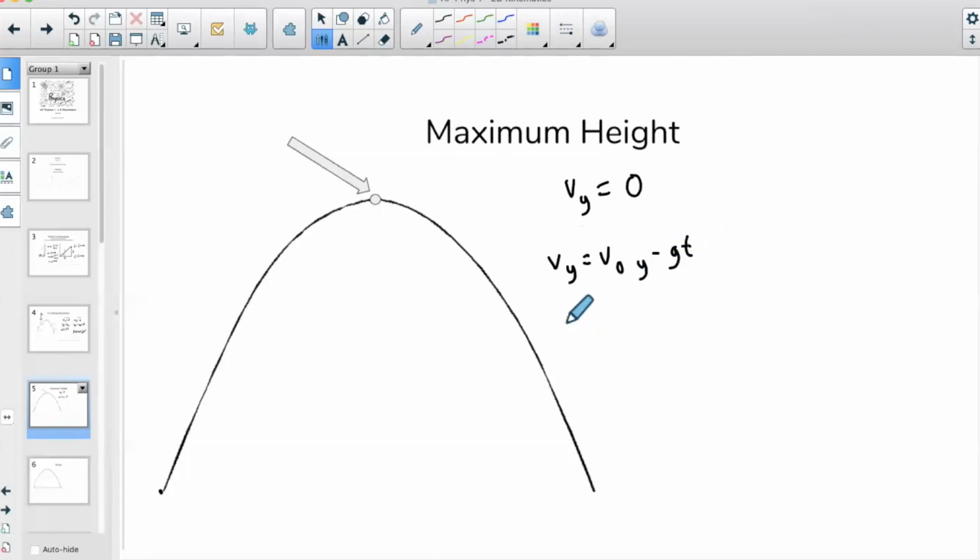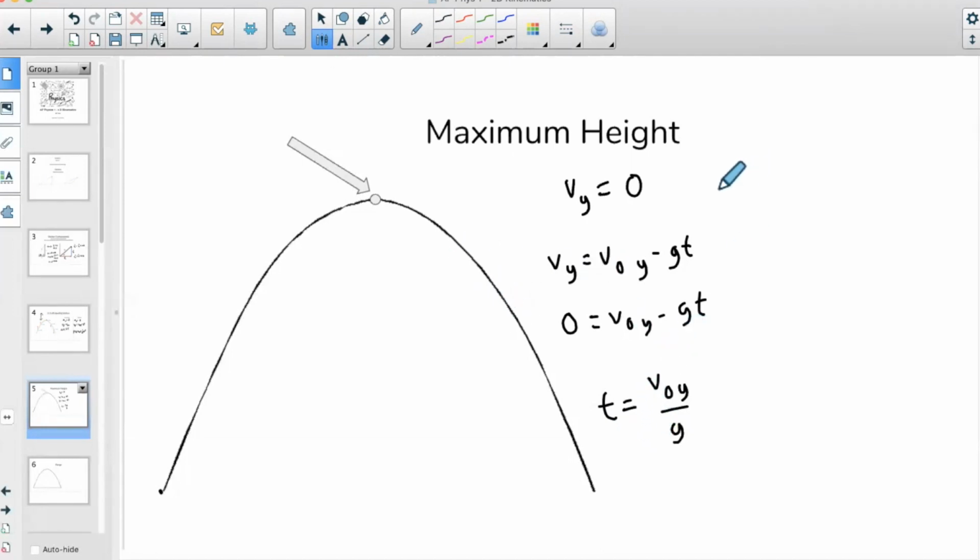And we can simply plug in our value for Vy. And after this, since we know that it's 0, we can just rearrange and simplify it to get a value for time, which is just the initial y velocity over the gravitational acceleration.